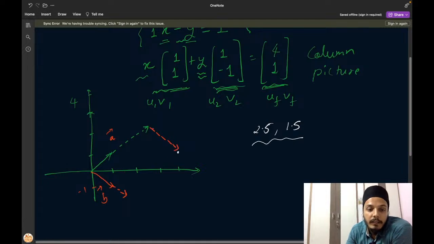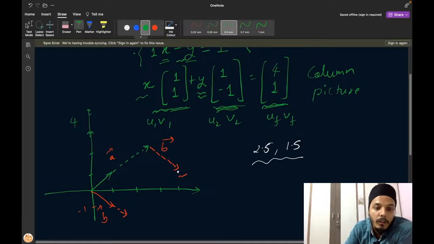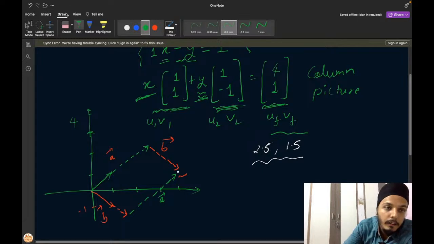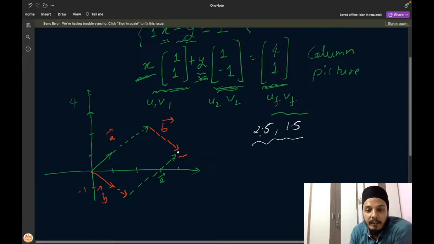So what we see is, this a vector plus b vector gives us our final vector, or you can move this a vector here. So this is our a vector. So what we see is that this linear combination of x and y gives us the final vector, that is our desired vector. So our answer will be x equals 2.5 and y equals 1.5.